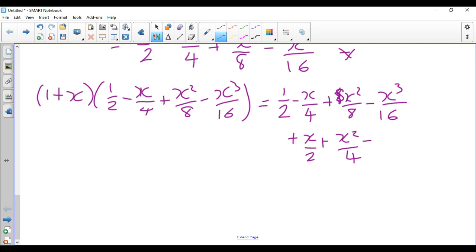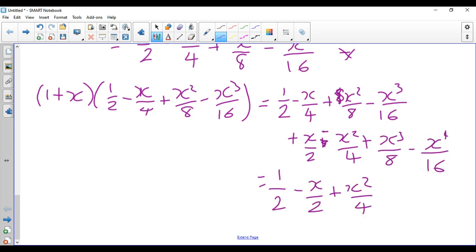The reason I've tried to be clever here is I should just be able to add it up because I've lined it up. So minus x over 2 plus x squared over 4 minus x cubed over 8.